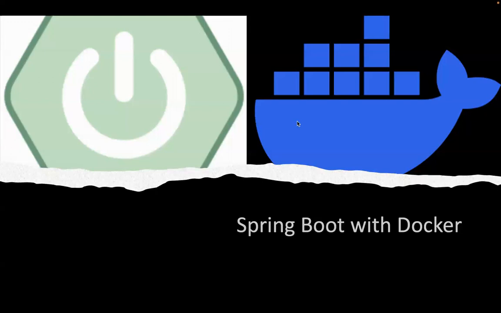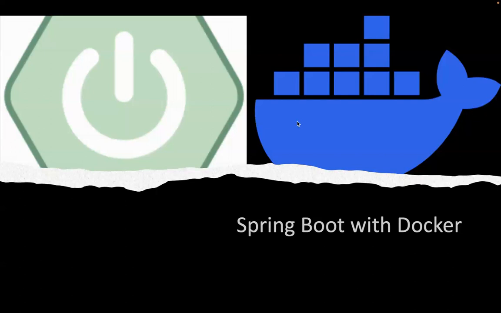Since it's a Java application, we need to have a JRE, Java Runtime Environment. We don't need to worry about what is there in the server, right? Now, every server needs to have Docker installed, or be a Docker-supported server.